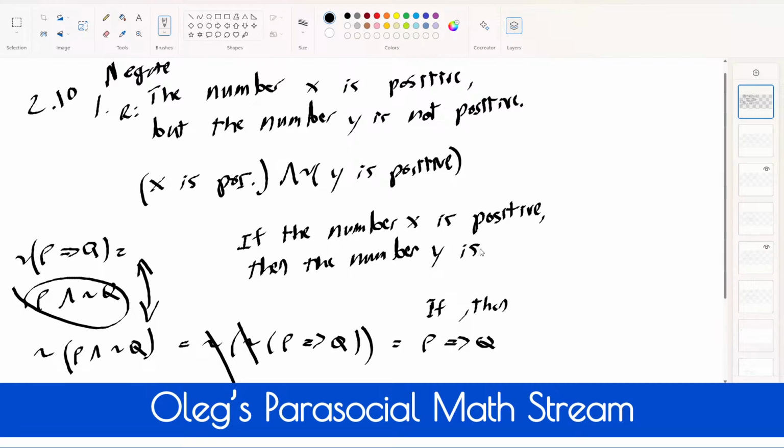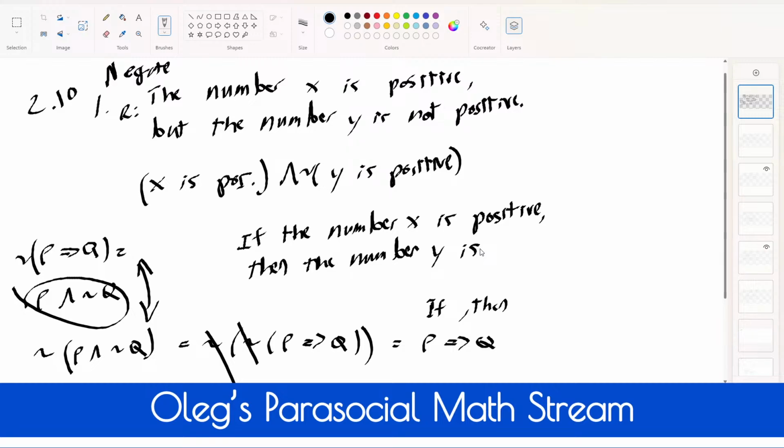A minute here. So I did the negations. Let me just check on my work. P implies Q, okay, so the forms are fine.